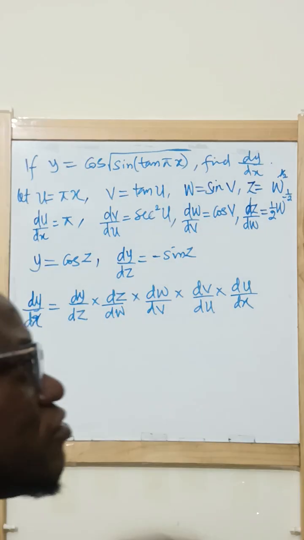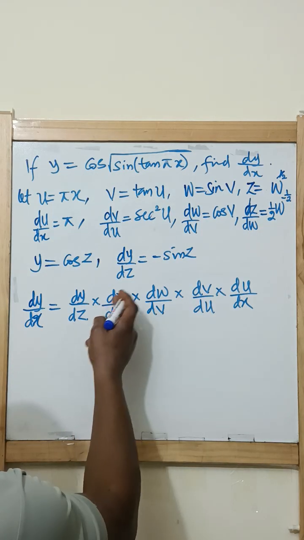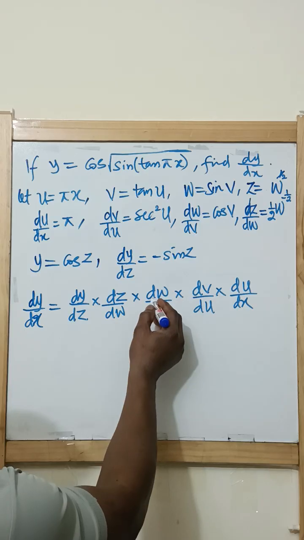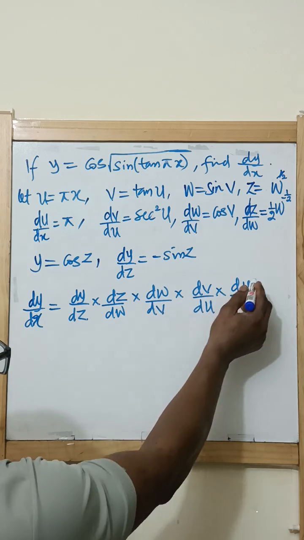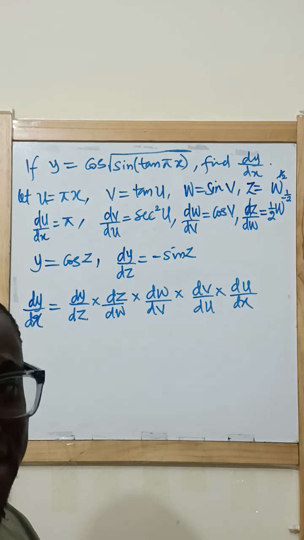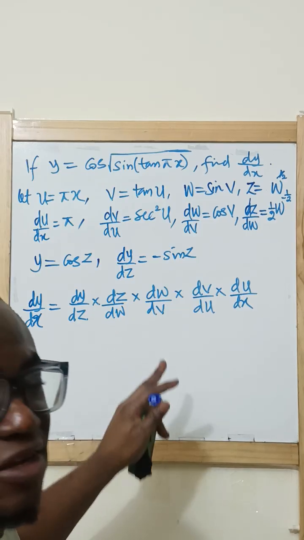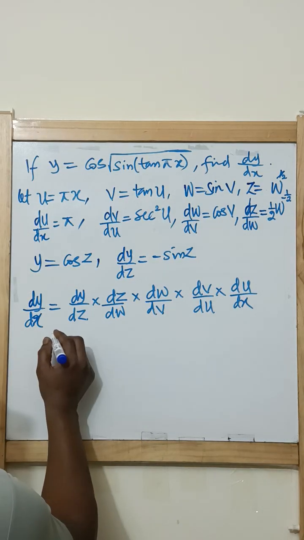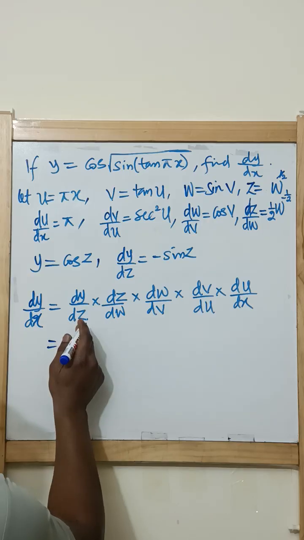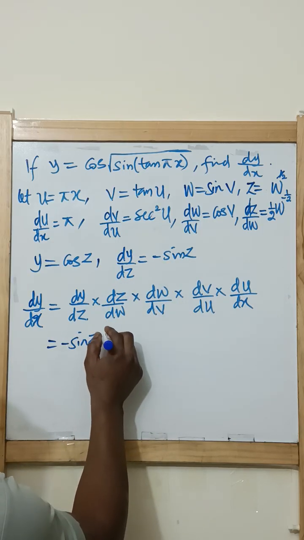This is how we apply the chain rule. We have to ensure this equation is balanced. Now dy/dz is minus sine z.